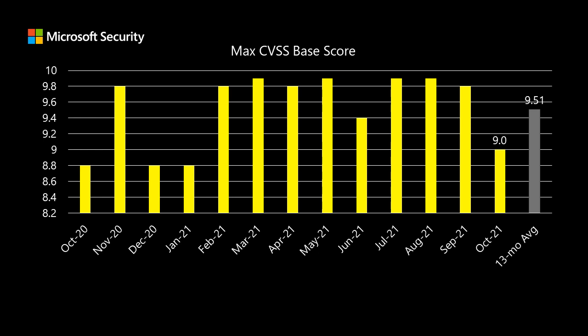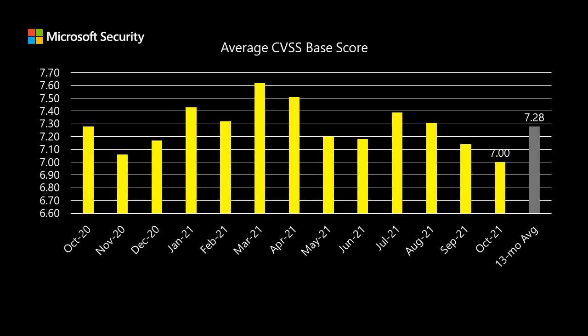The max score this month is a CVE at 9.0, quite elevated, and we'll talk about that in a few minutes. The average score across the release is 7.0, a little lower than what we've been seeing.